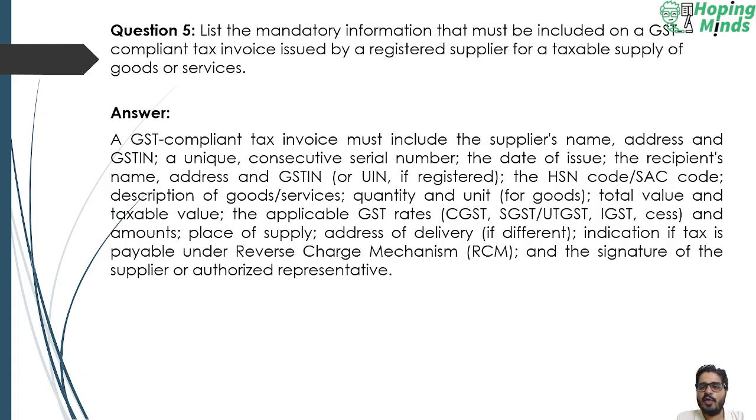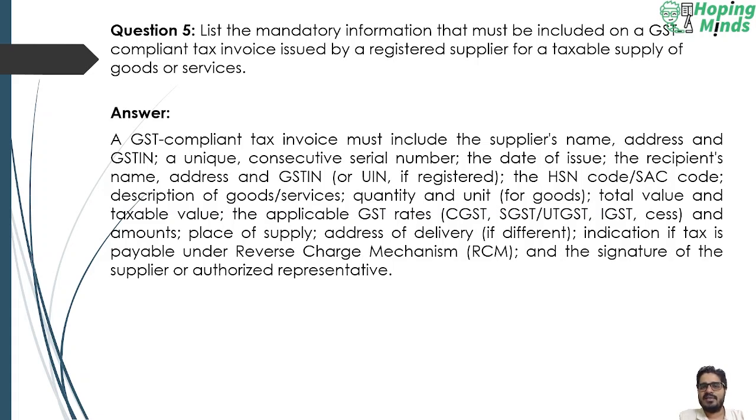So a tax invoice is the primary document on the basis of which the recipient of goods or services files his GST returns. So if the recipient of goods or services does not have an invoice against the goods or services received, he won't be able to claim the input tax credits.